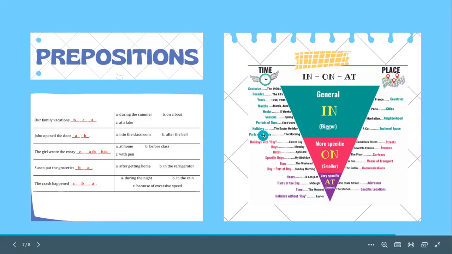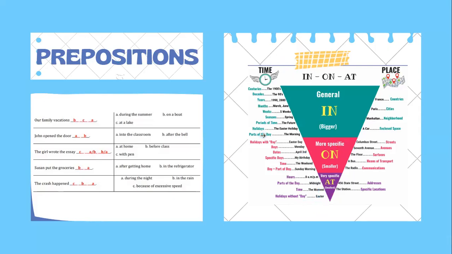So we are saying in March, in June, in 5 weeks, and we are saying on my birthday, and we are saying in France, and being more specific, we are saying on Columbus Street, and being very specific, we are saying at the station.